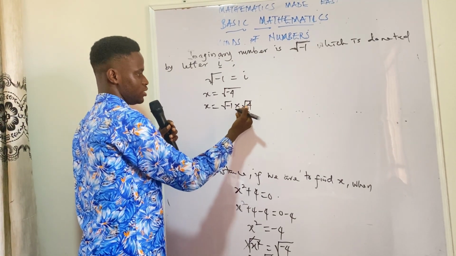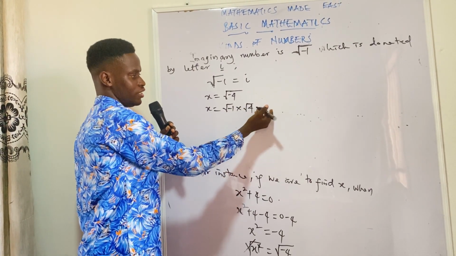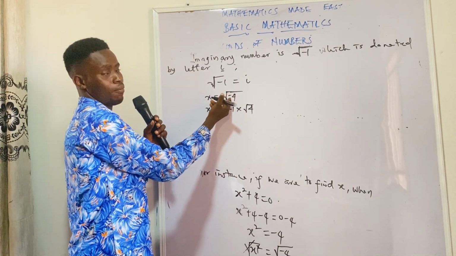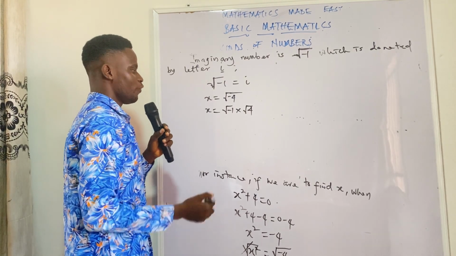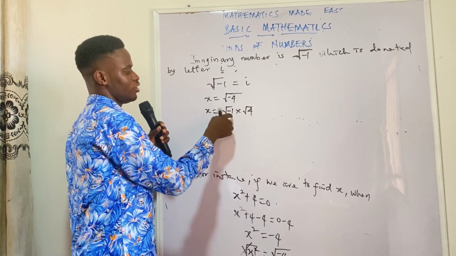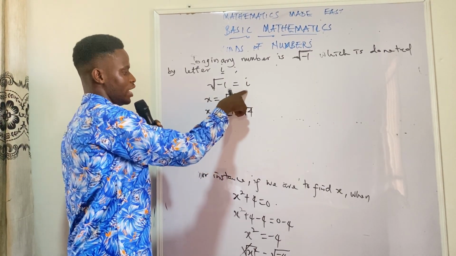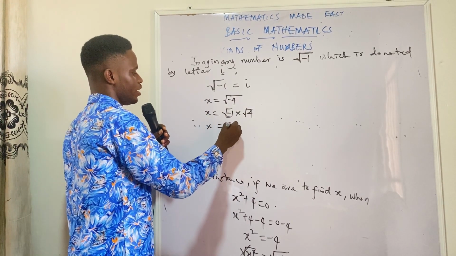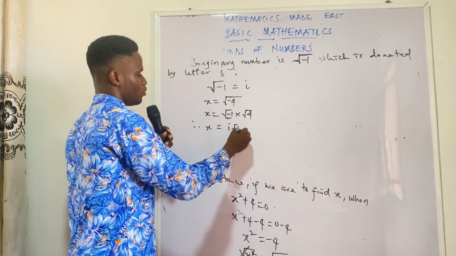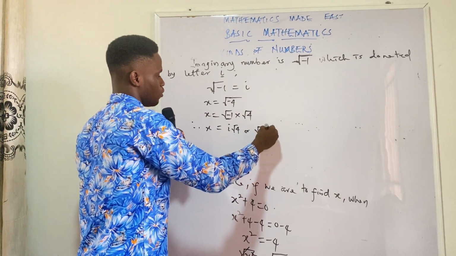If you multiply, this is going to give you square root of -1 times 4, which will still give you back -4. You can see that. But don't forget that this is an imaginary number and is denoted by what? i. So we simply say our final answer is i square root of 4, or you say square root of 4 i.